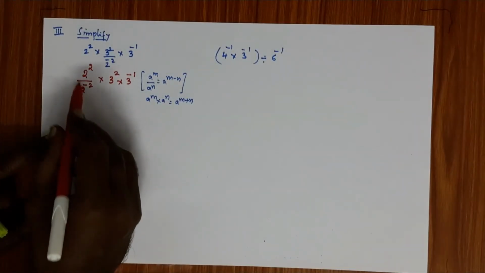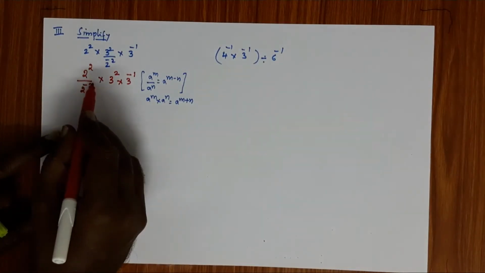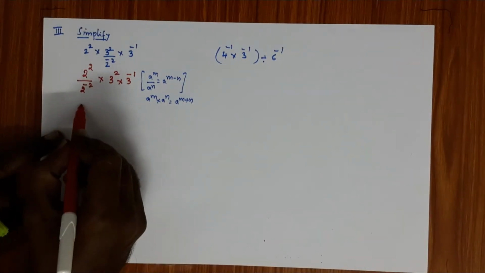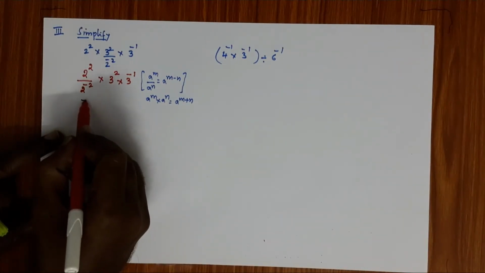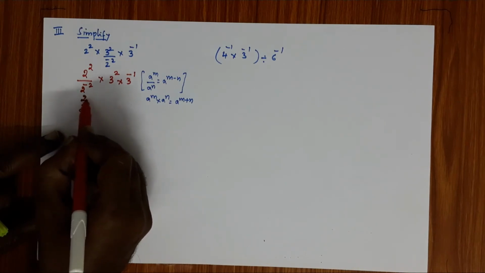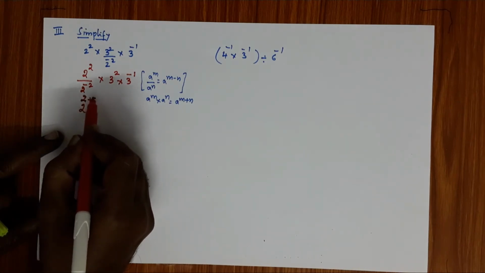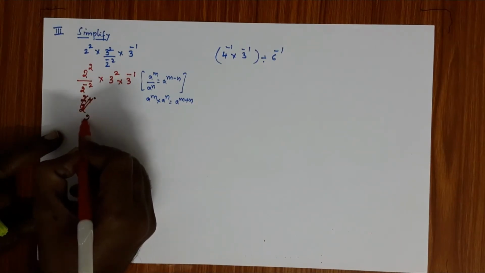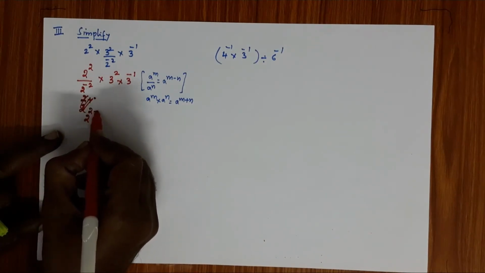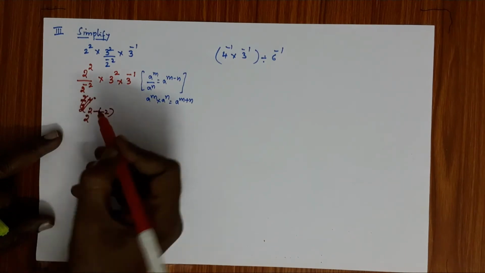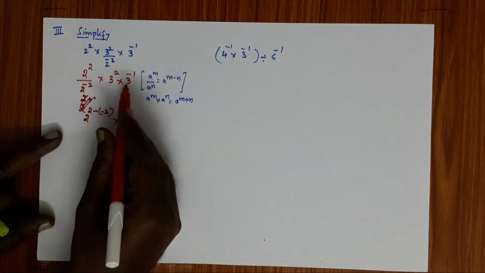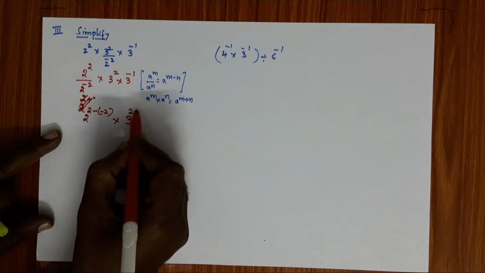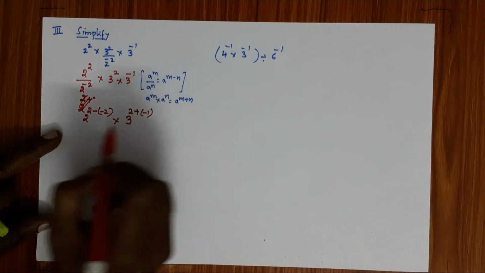That means bases are equal. In the division form, we have to subtract the powers. What is that? 2 to the power of 2 minus of minus 2, and here bases are equal, add the powers, 3 to the power of 2 plus minus 1.